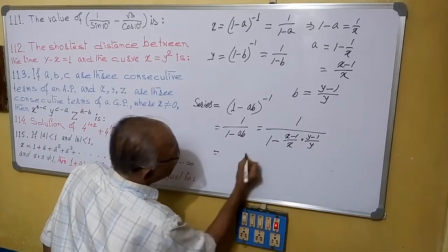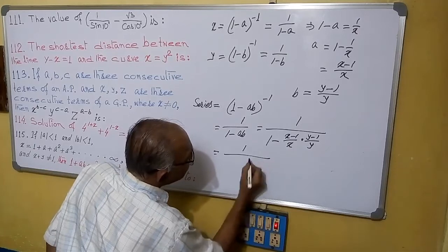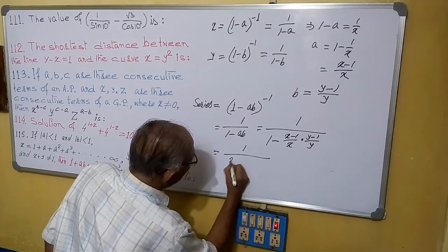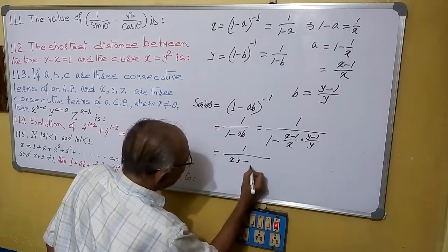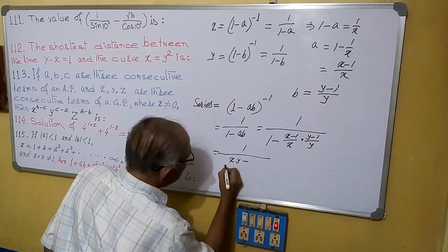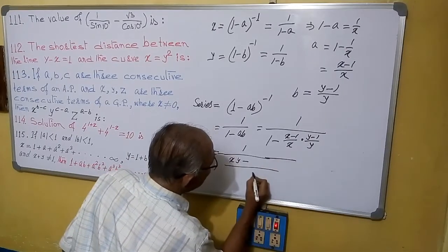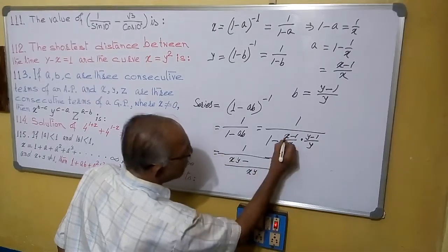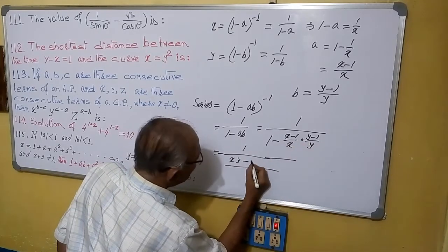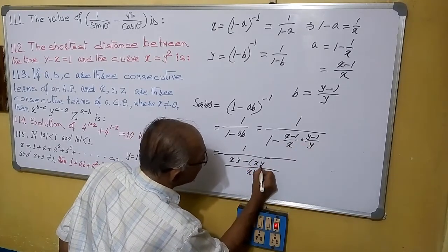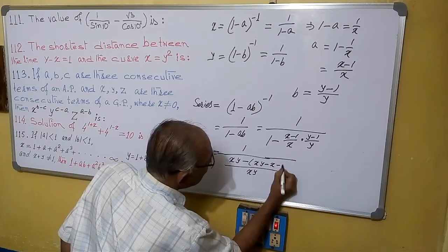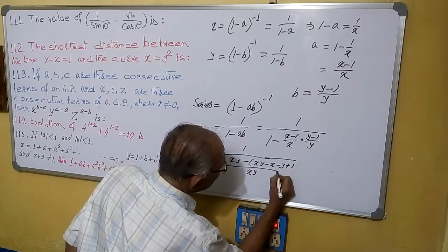This equals 1 by, this one will come xy minus, denominator also will be xy. Here multiplying this one, it will be xy minus x minus y plus 1.